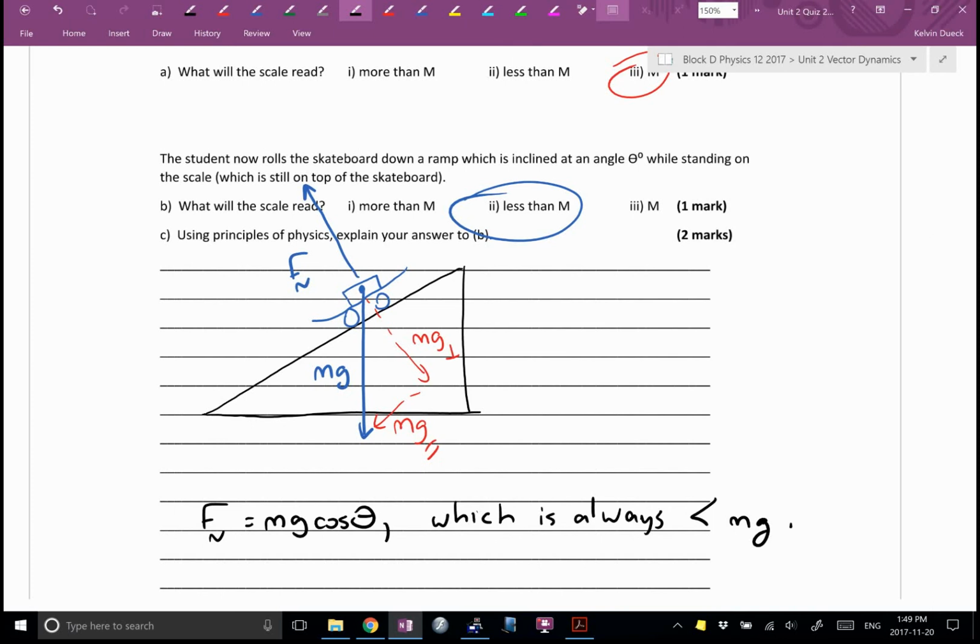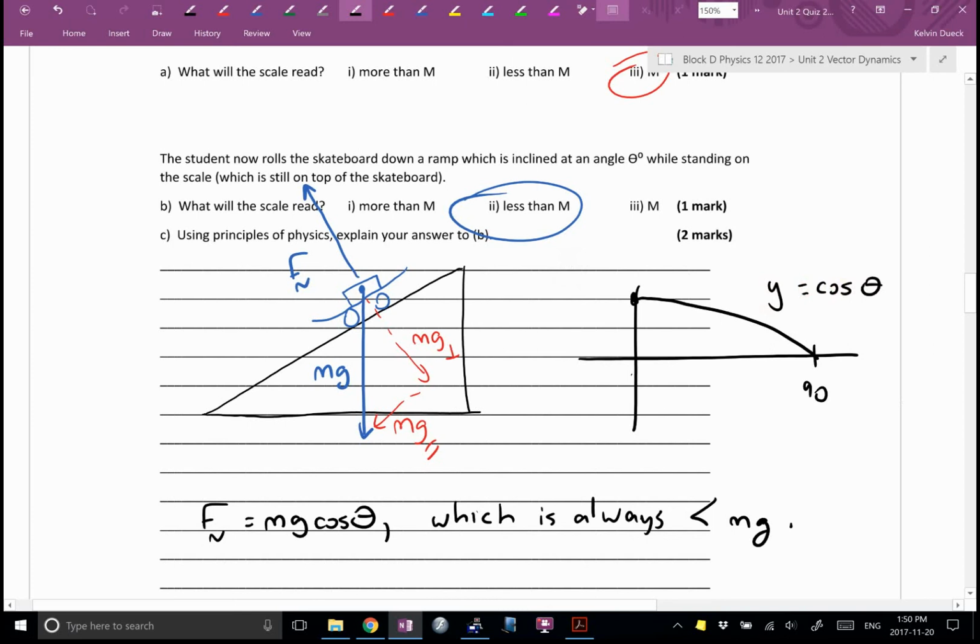An even better answer, see, you're at a bit of a disadvantage because you haven't seen the trig graph yet. I know that the trig graph between 0 degrees and 90 degrees starts at 1 and gets smaller for the graph of y equals cos theta.